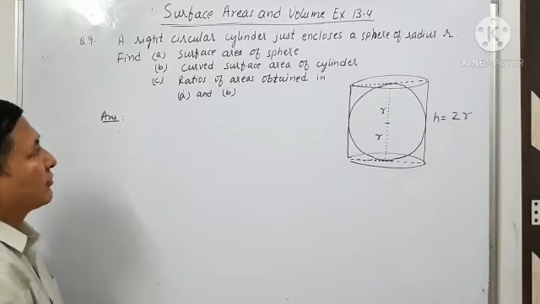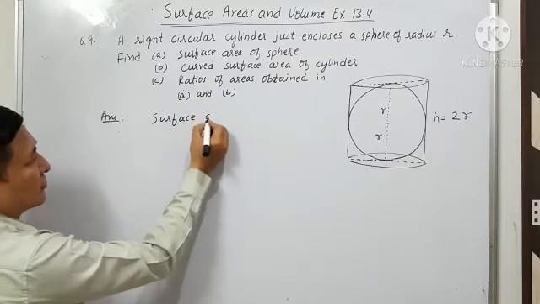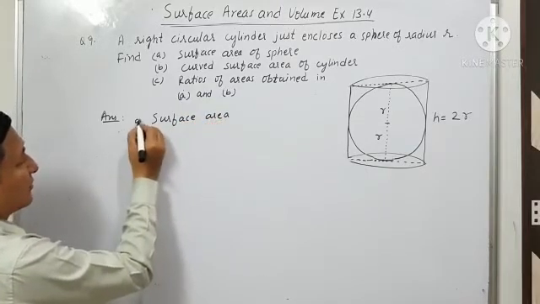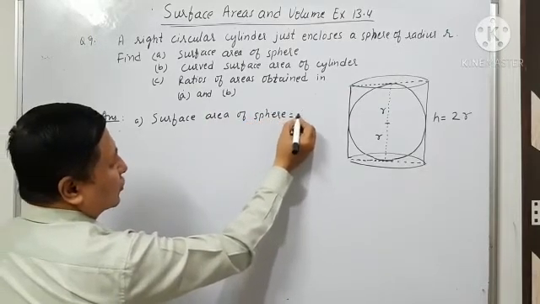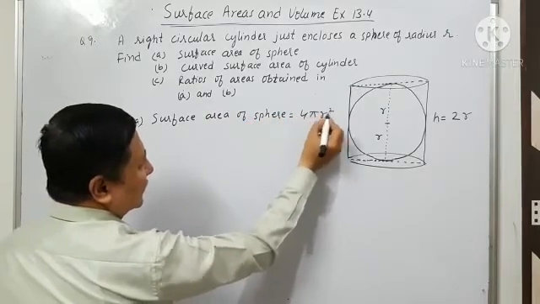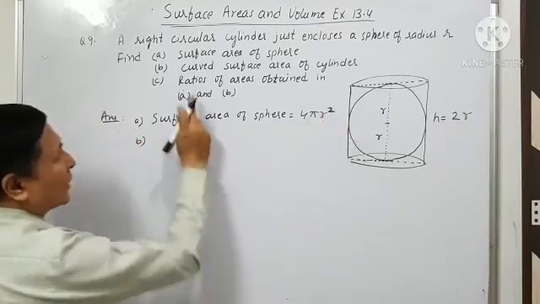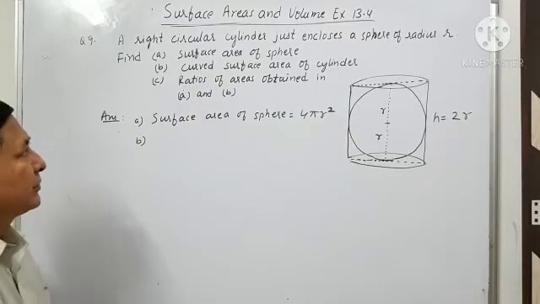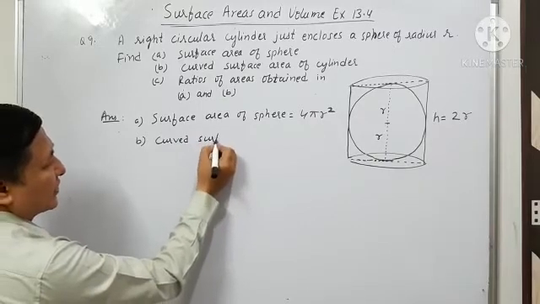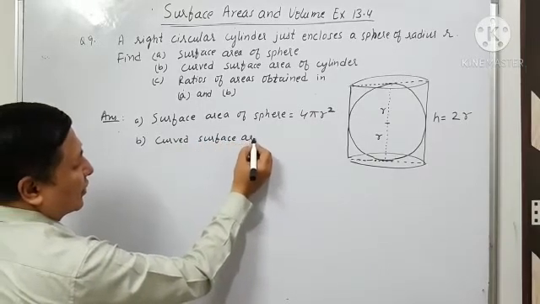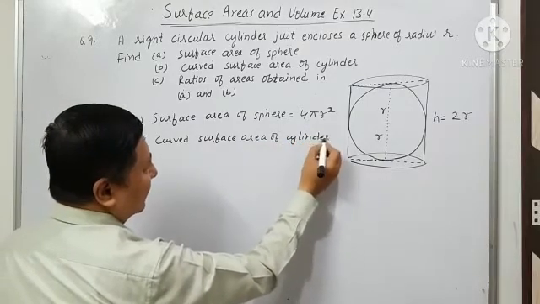Okay, now we have to find the surface area of sphere, and we know the formula. Surface area of sphere, part A, the formula is 4 pi r square. Now B, the curved surface area of cylinder, and we know the formula that we have done previously.